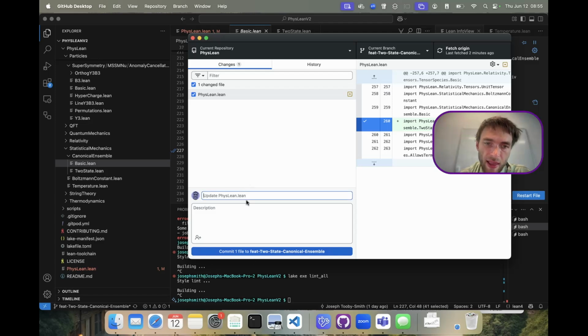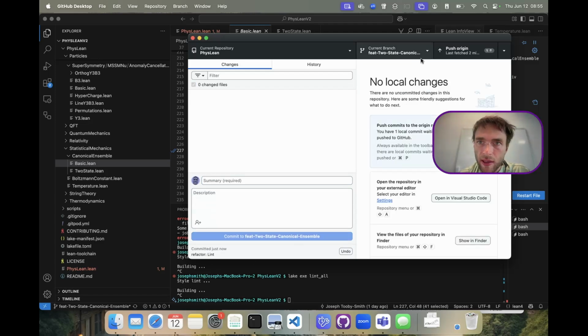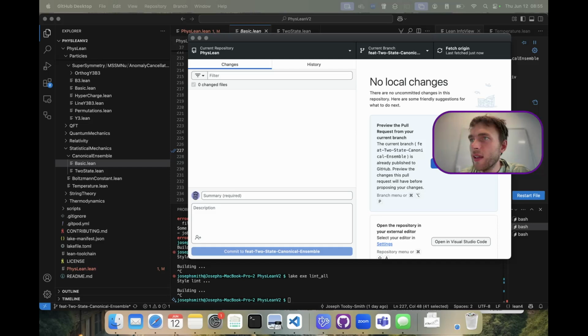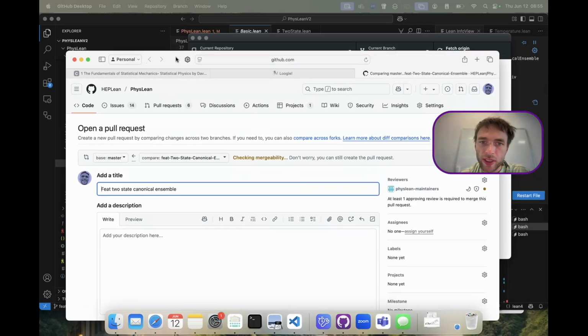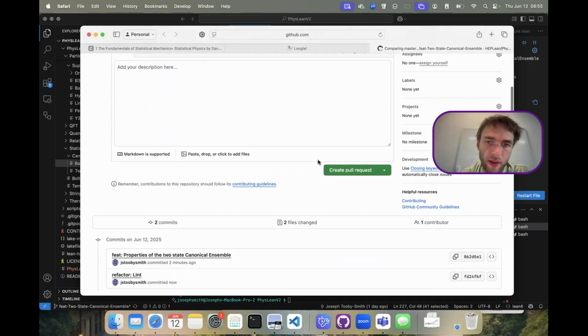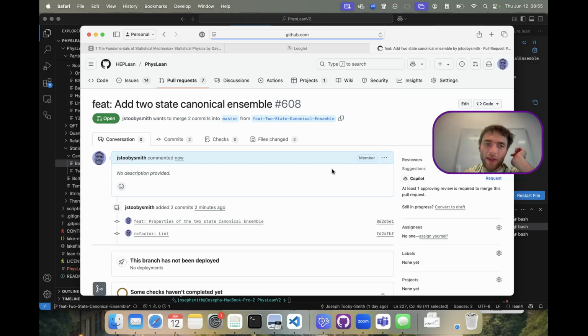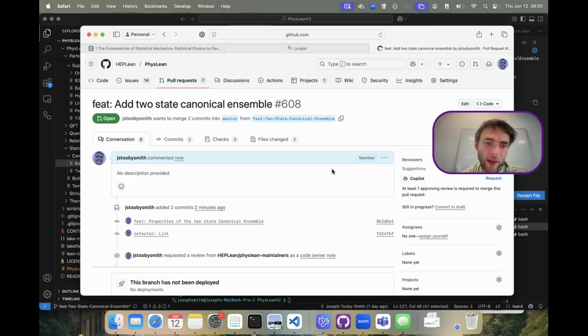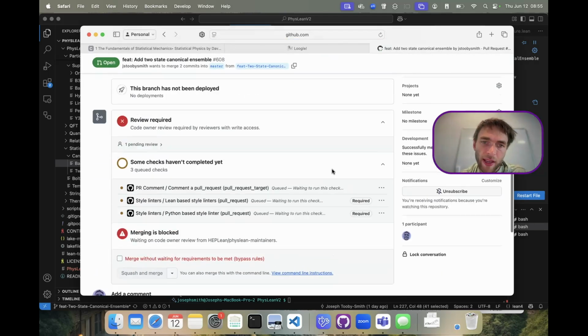Let me add this linting that we did to this, and then I can press, I'm on a Mac, I can press Command R and I can make a pull request to the project. So I can create this pull request and then hopefully it will get merged. I mean, it will get merged eventually after it's passed all of the linters.